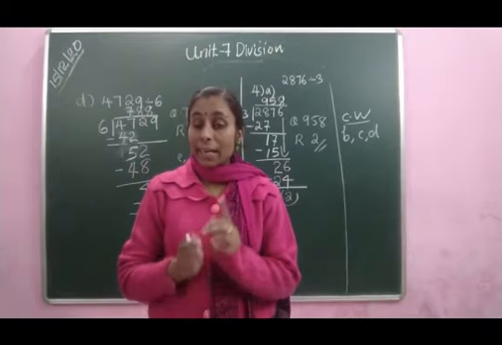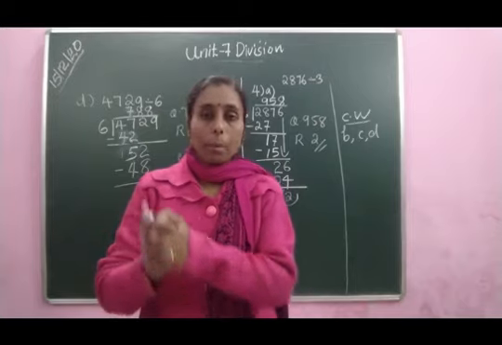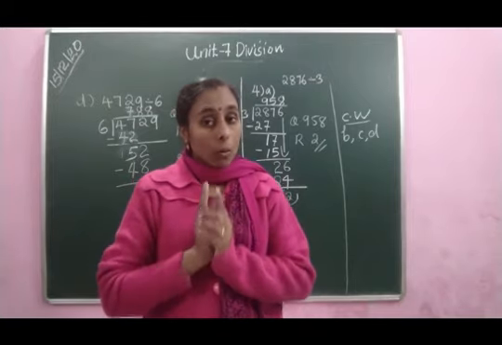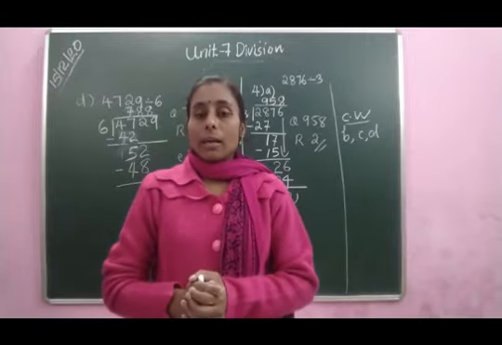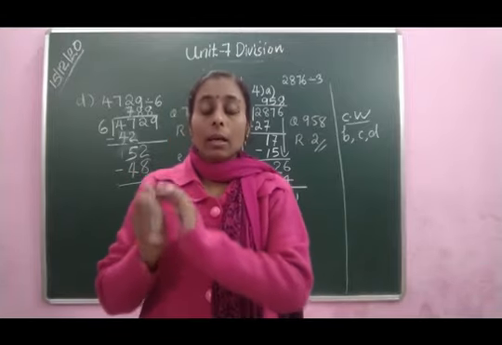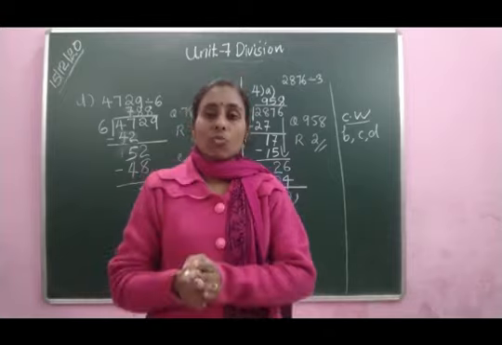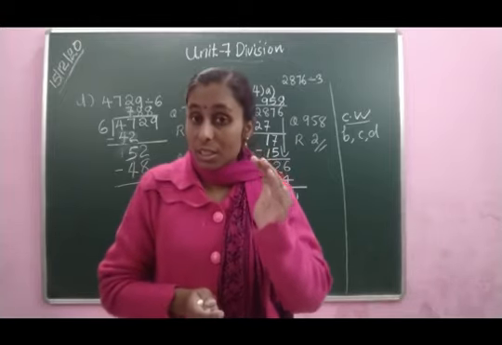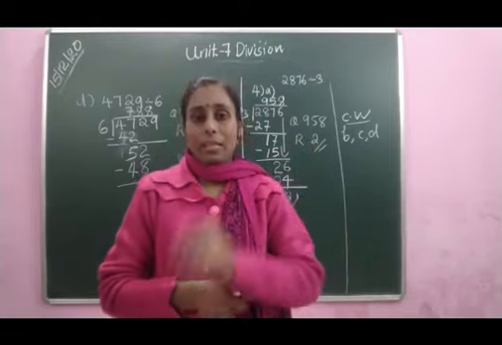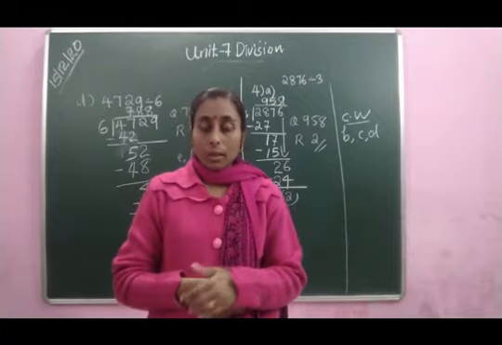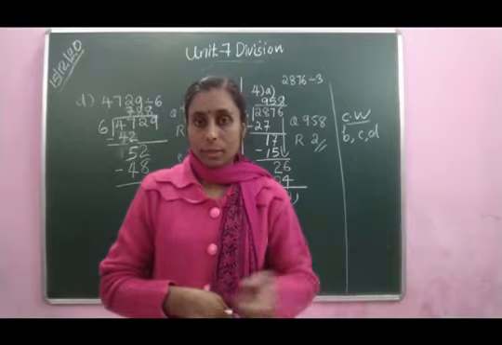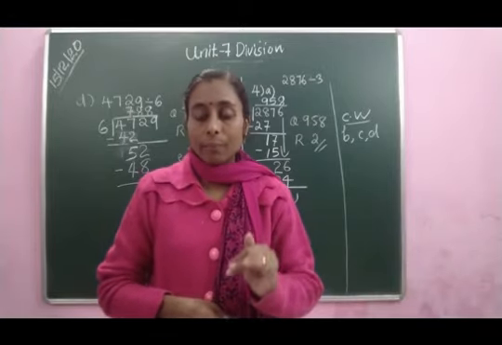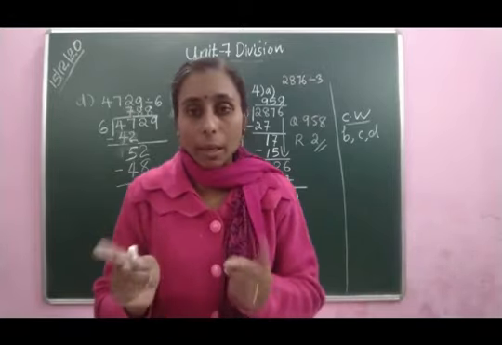In other words, we can say when the divisor is 1, the quotient is the same as the dividend. If the divisor is 1, the quotient is the number itself.